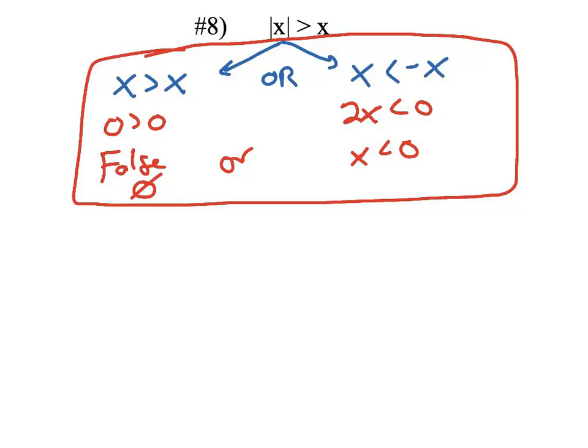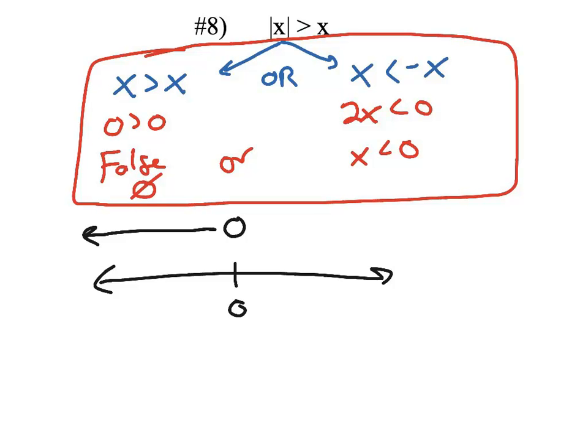On a number line, I put any numbers I get from my solutions. 0 is the only number I got. No solution means I put nothing on here. And x is less than 0. Put an open circle above 0, and I go to the left. If it's an or problem, your answer is a combination of these two answers.